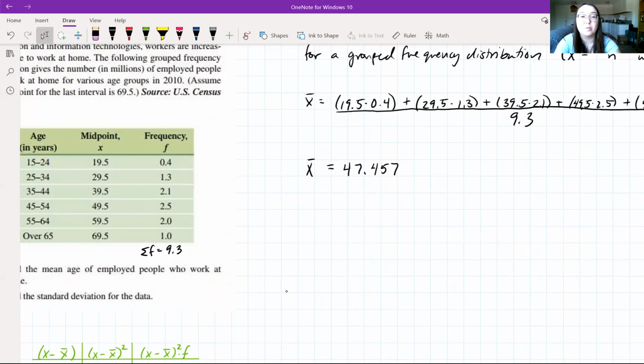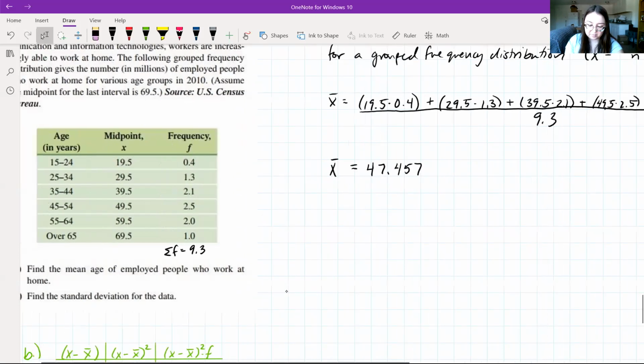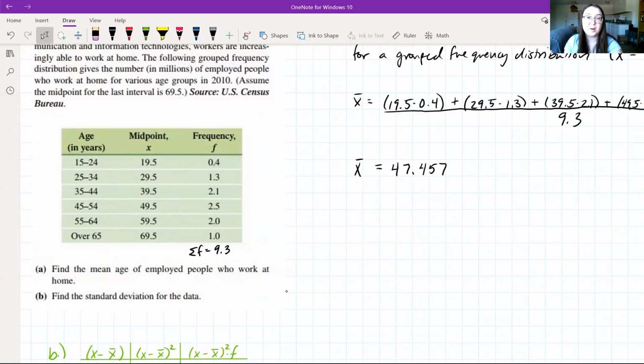If you can avoid rounding by using a calculator, then definitely always do that. But if you do have to round, make it to the third or fourth decimal. In this case, our fourth decimal was 0, and it wouldn't have been rounded up, so we just left it as 47.457. All right, so we have our mean. So we finished part A.